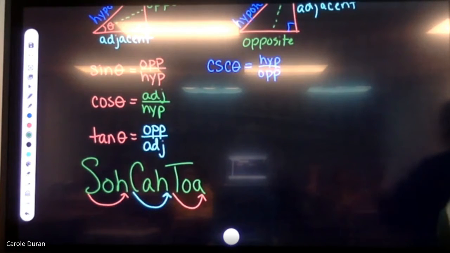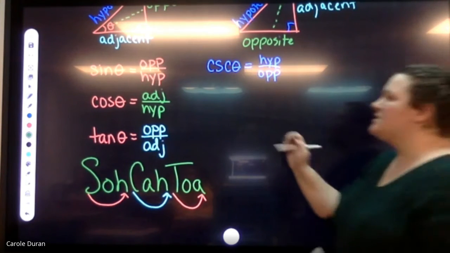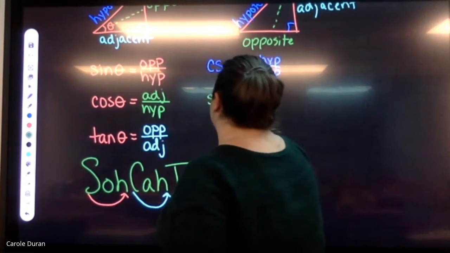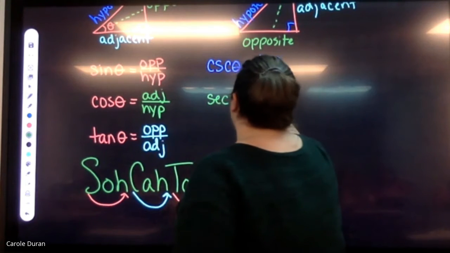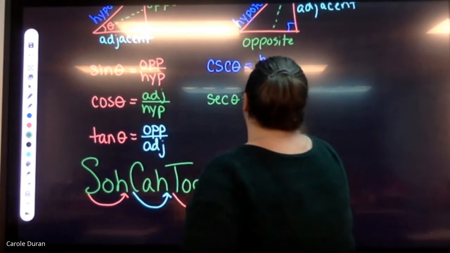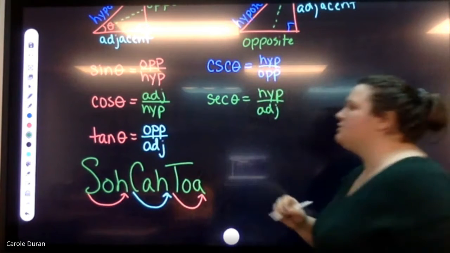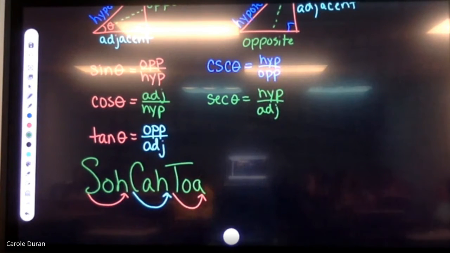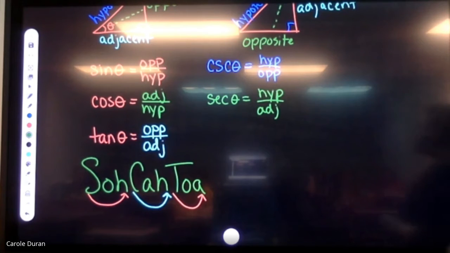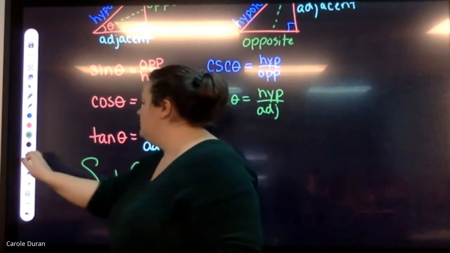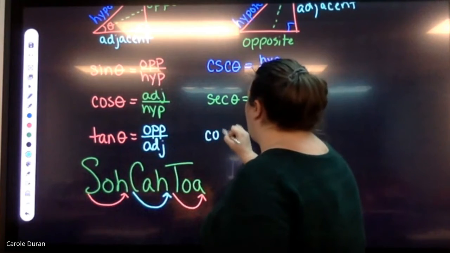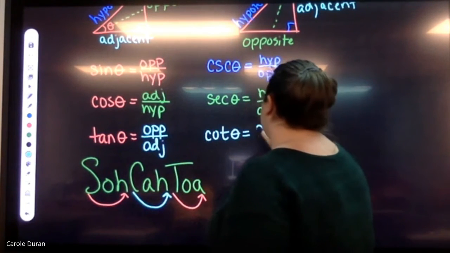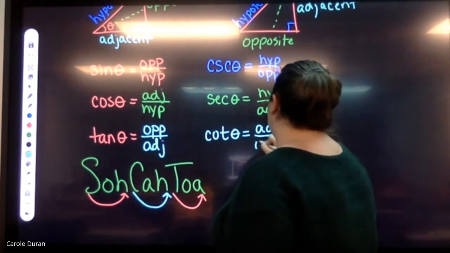Cosine also has this opposite or reciprocal trig function, and that is called secant, which is SEC, and it is hypotenuse over adjacent. So it's cosine's ratio just flipped over. And then tangent also has a reciprocal trig function, which is called cotangent, and it is adjacent over opposite.